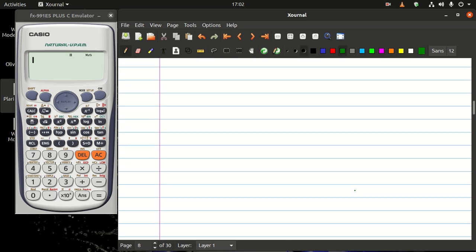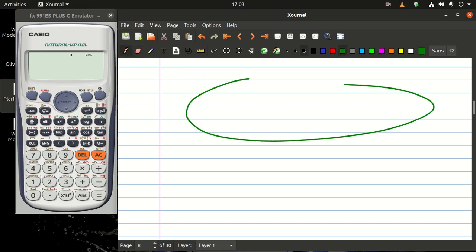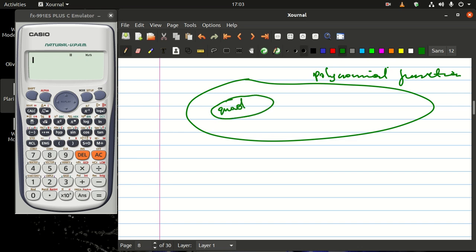Now that we looked into this, if we have here polynomial functions, or just polynomials, quadratic functions are contained inside polynomial functions.